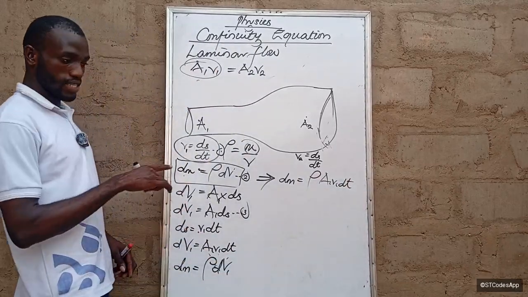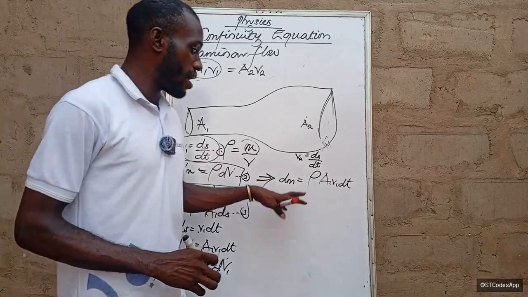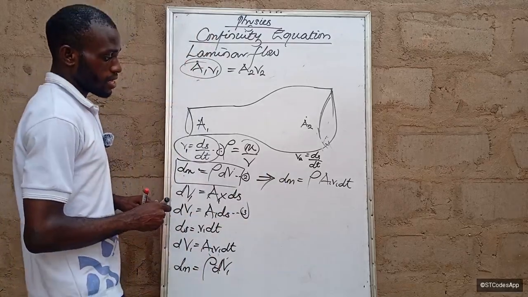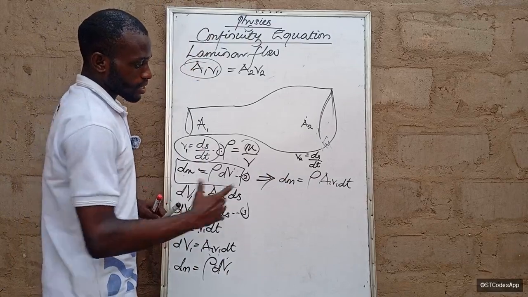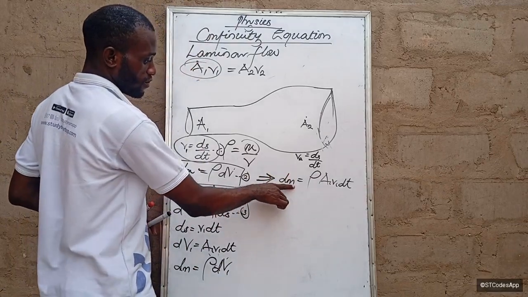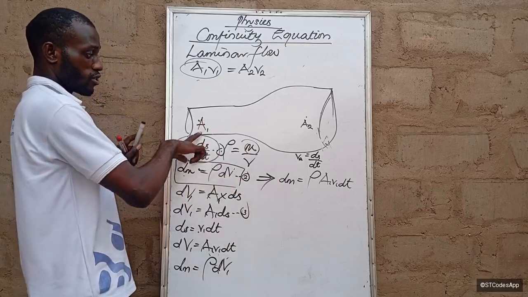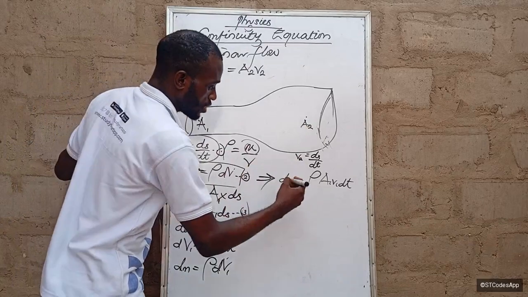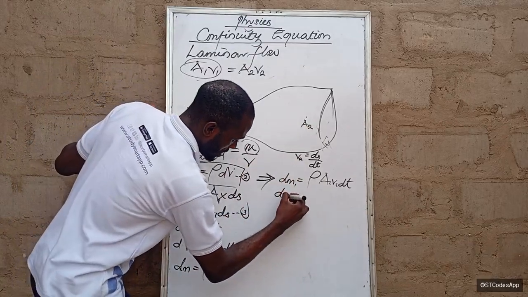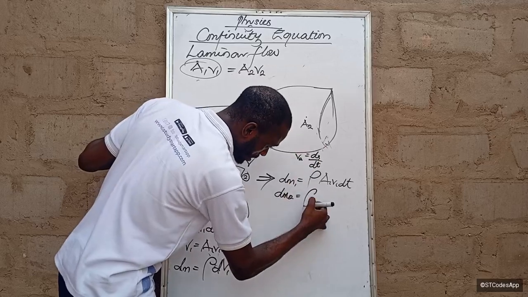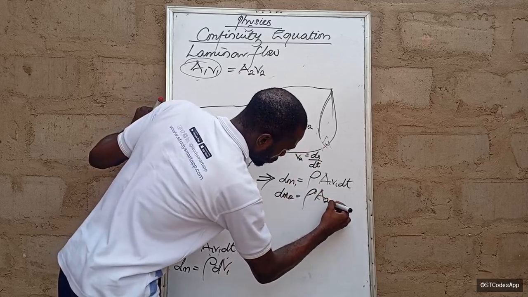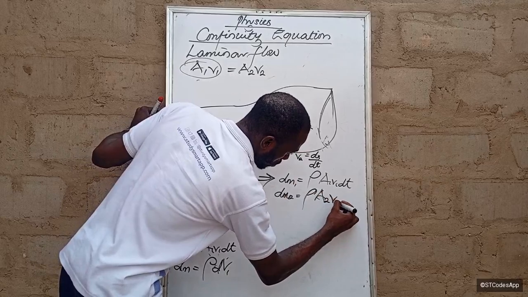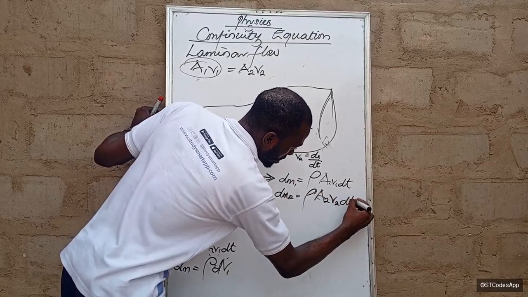So this is going to be for our fluid. Now, the mass of the fluid that we are considering here, we make sure that it is the same as the mass of fluid that we are considering here. So if this is dm1, then dm2 is going to have the same property: rho A2, velocity small v2 and dt.